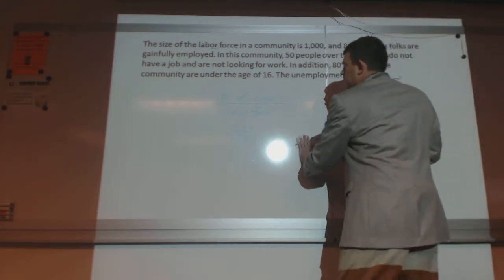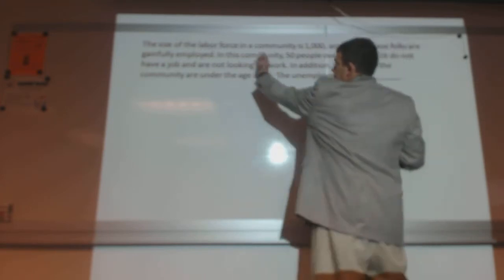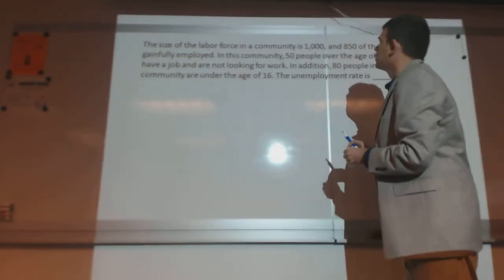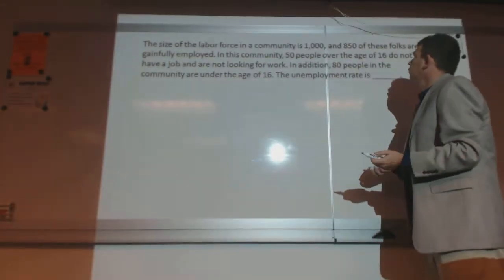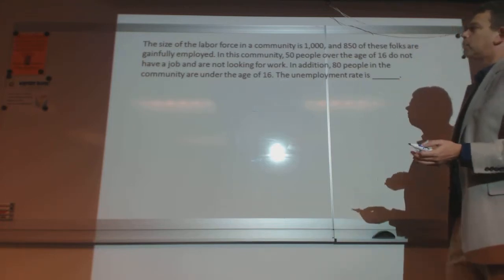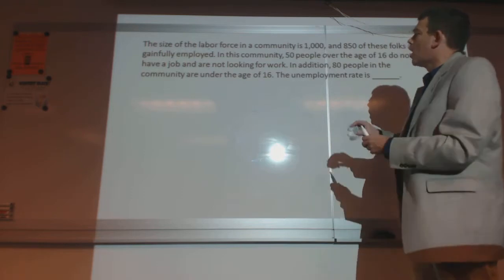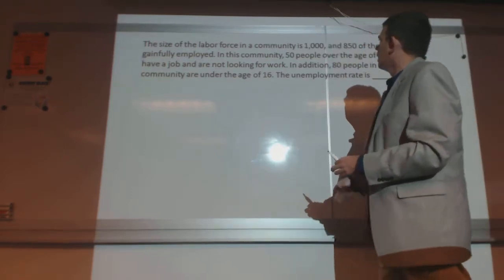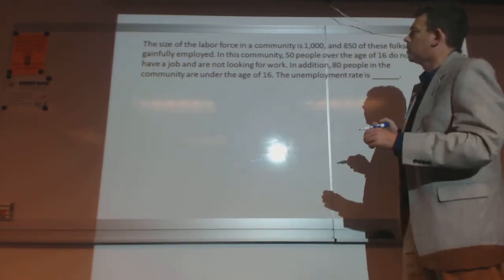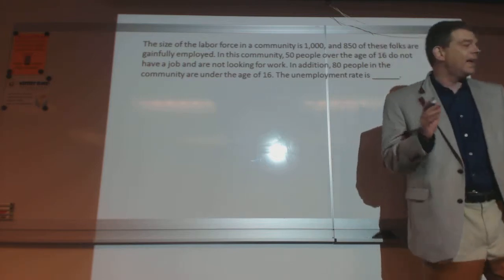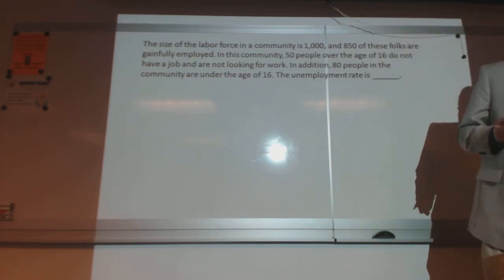Once again, we have some information, and in this one it says the size of the labor force in the community is 1,000. 850 are gainfully employed. 50 are over the age of 16, do not have a job, and are not looking for work. In addition, 80 people in the community are under the age of 16. Again, the other information is somewhat extraneous.